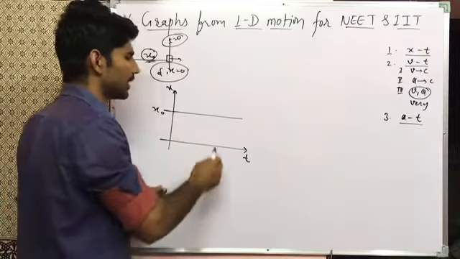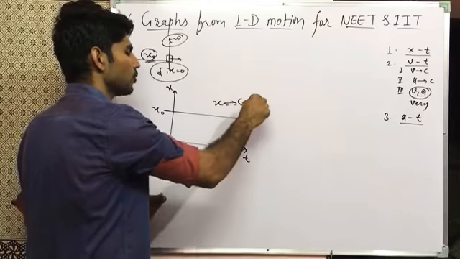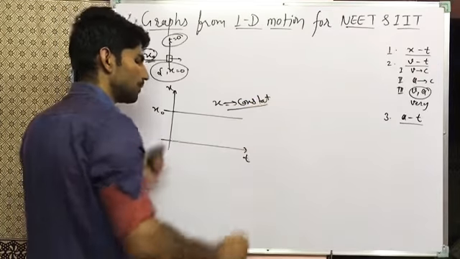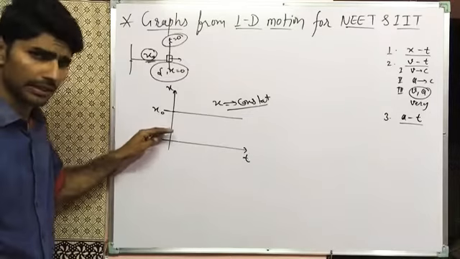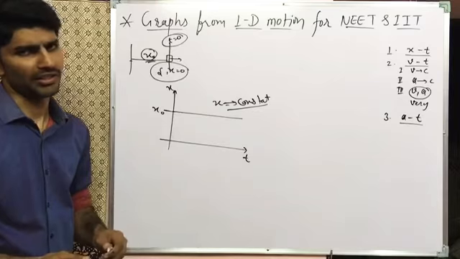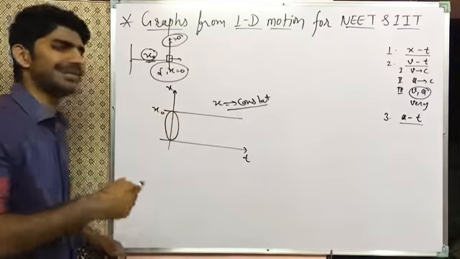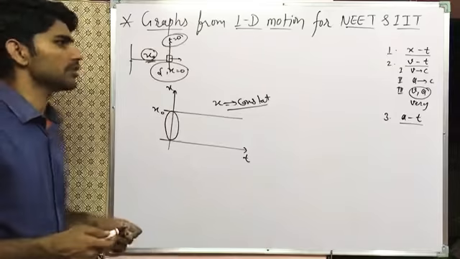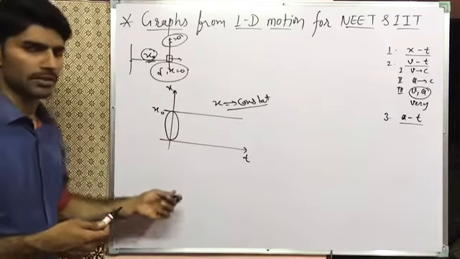So this is the graph for constant displacement. If the displacement is constant, then the graph is a straight line parallel to the time axis, and this value is the initial displacement. So this is our first case, but you don't get this type of situation all the time.